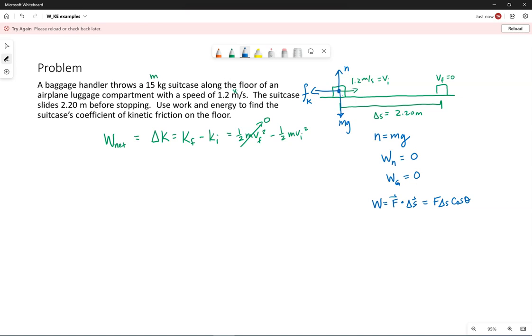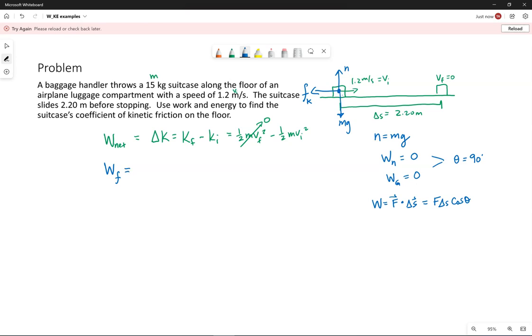For the normal force and for the force of gravity, the angle between the forces and the displacement, which is horizontal, is 90 degrees. Cosine of 90 is 0. So again, the dot product is multiplying components of the force parallel to the displacement. So it turns out it is only the friction force that is doing work.